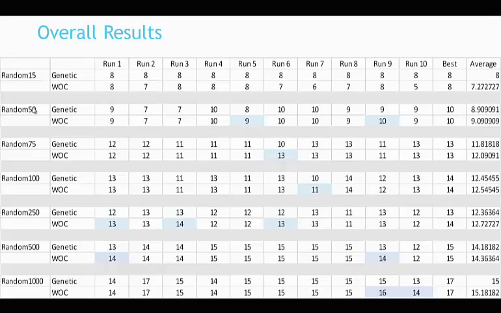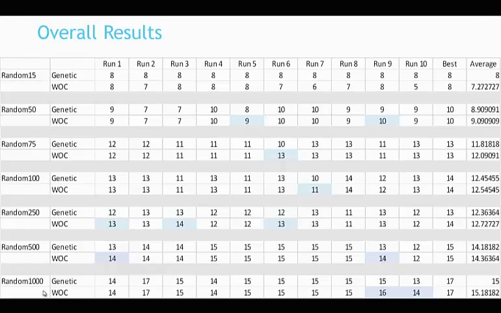So, for instance, a big improvement for run 6 of the random 75 node graph, the genetic algorithm only returned a subgraph with the maximum click size of 10, but the wisdom of the crowd algorithm was able to return a subgraph with a maximum click size of 13. So I saw similar results for each data set.